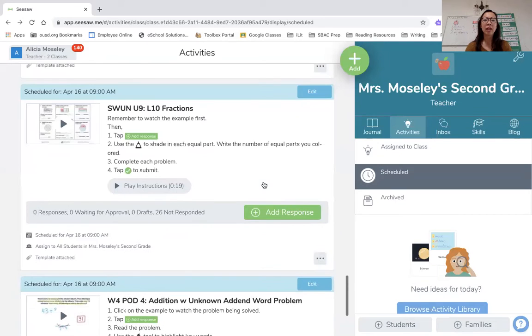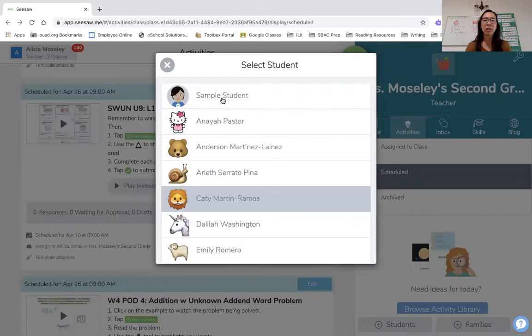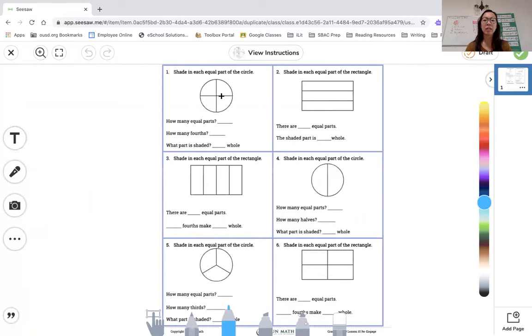Okay, now in our fraction work today, we're going to jump in and we're going to see questions like this, 6 of them. So in this one, it says shade in each equal part of the circle. Did you see how it says each equal part? That means all of them. I've loved seeing people who have been changing their colors, so it's really easy to see how many equal parts they have.